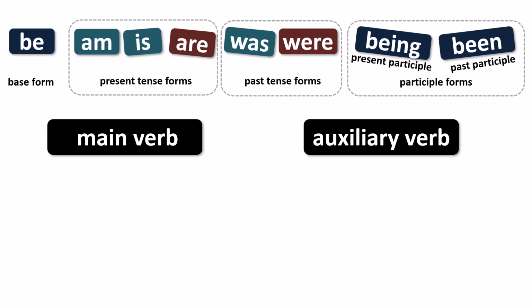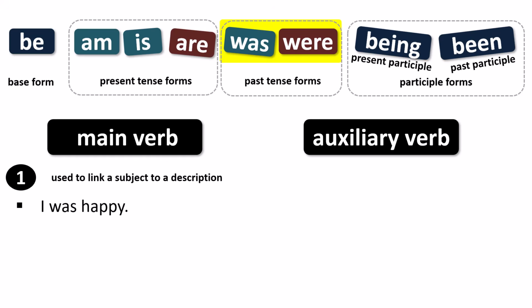Next, let's look at the past tense forms. As a main verb, a past tense form is used to link a subject to a description. Well, it's just the same as what we've done, apart from it's in the past tense. I was happy. Was is our verb to be in the past tense, and it links the word I to the description happy.